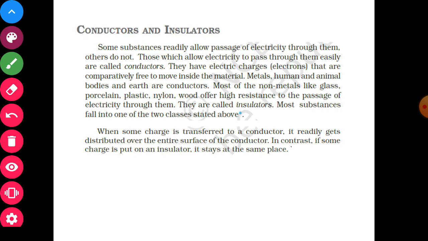So when charge is placed on, say, a conducting body, and electrons are transferred, they will spread over the entire body. While with a plastic, the charges are not going to spread. If they are kept at some place, they will remain there only. They will not spread throughout the surface.